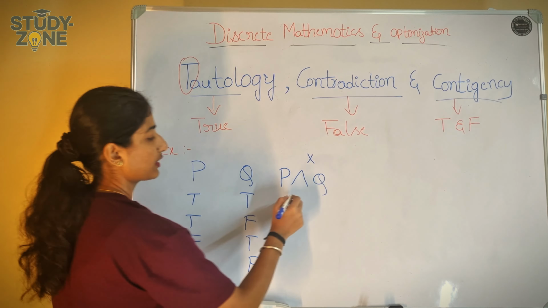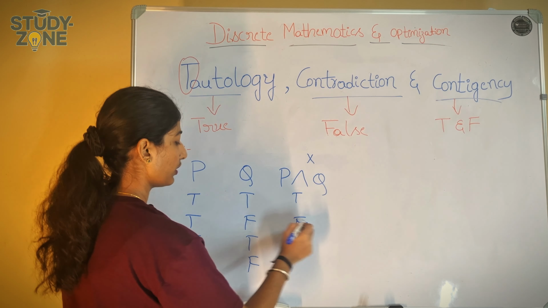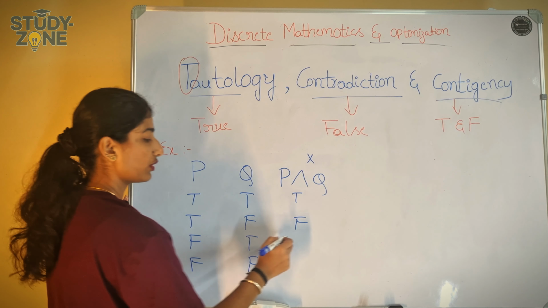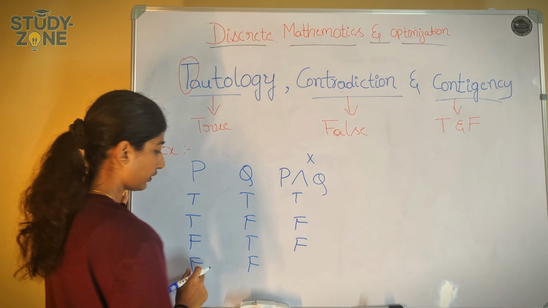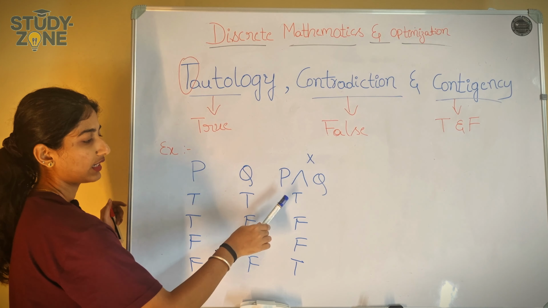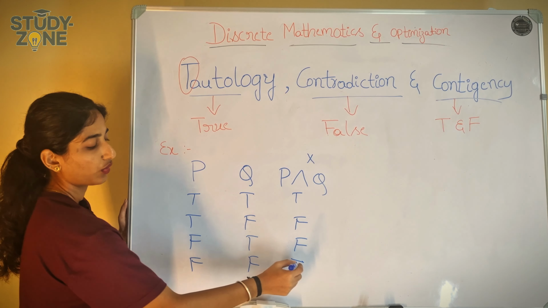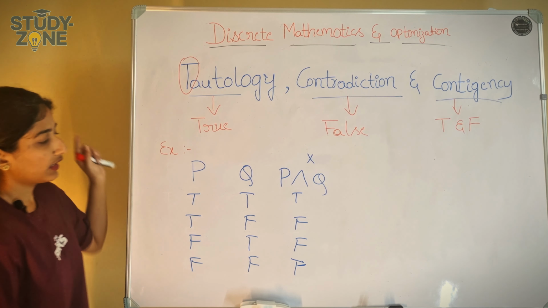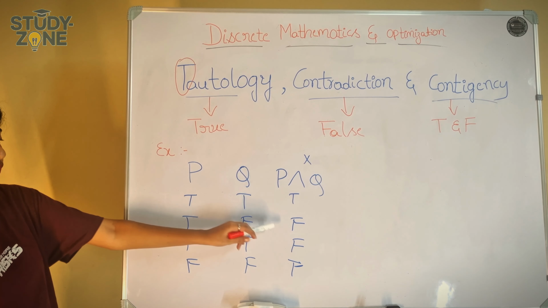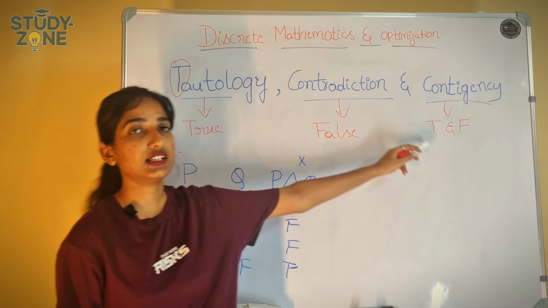True into true is true, true into false is false, false into true is also false, and then false into false is false. So here there is a true and also false. So if there is a mixture of true and false, then we can say that it is contingency.